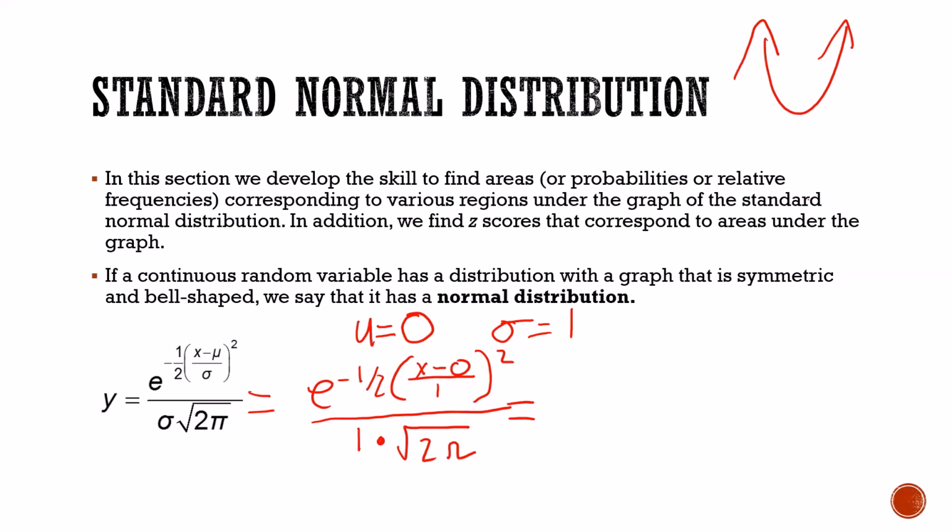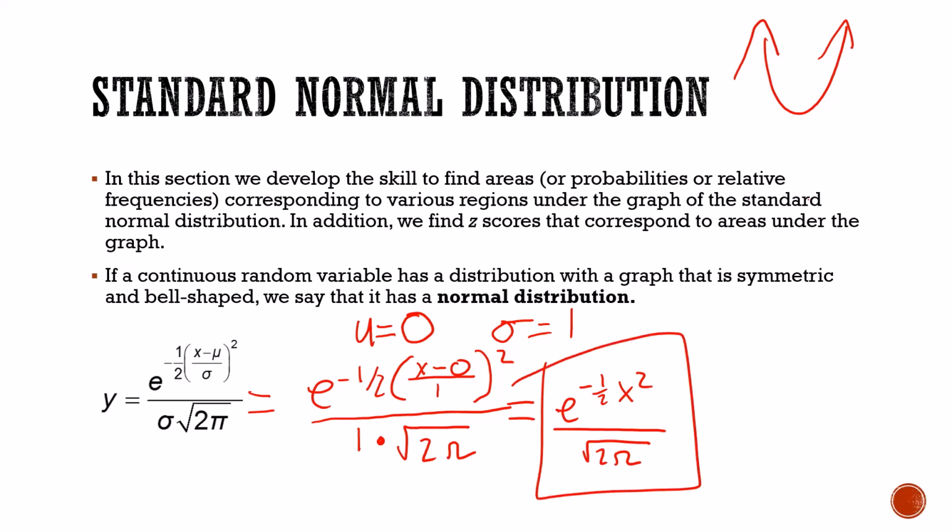Notice x minus 0 over 1 is the same thing as x. So this becomes a little bit simpler, right? You put this in the y equals button of your calculator, you will get the bell curve.